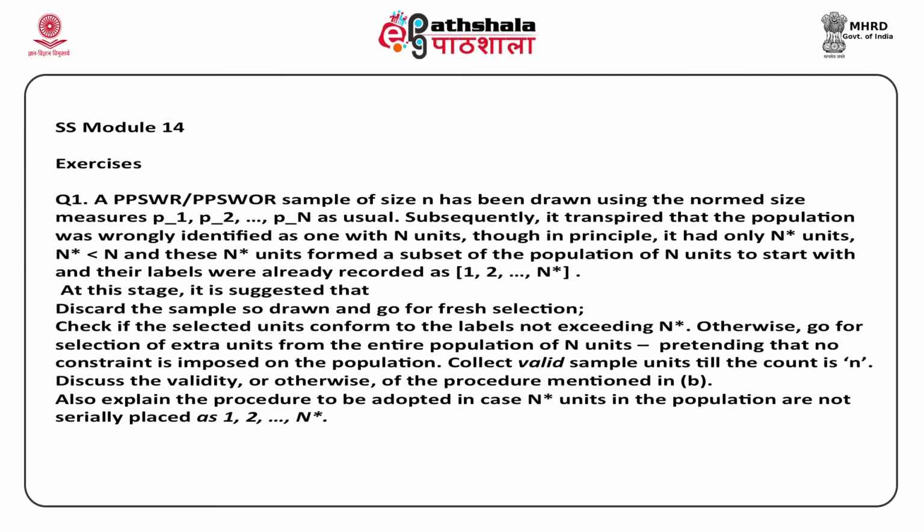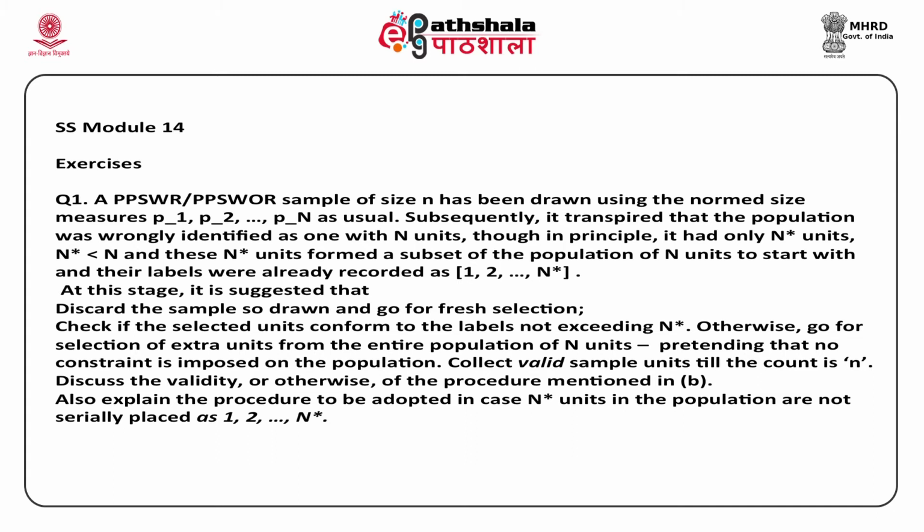Subsequently, it transpired that the population was wrongly identified as one with capital N units, though in principle it had only n star units, n star less than capital N, and these n star units formed a subset of the population of N units to start with, and their labels are already recorded as 1, 2, 3 up to n star.